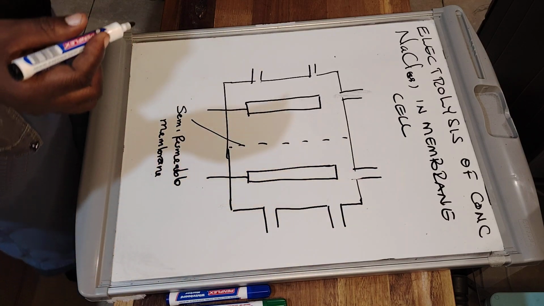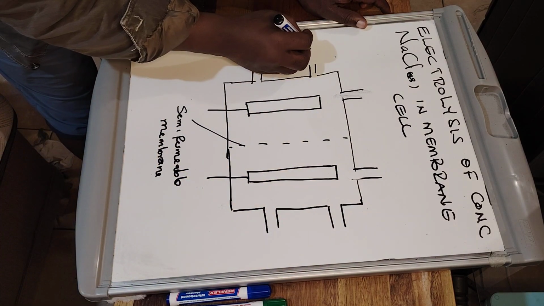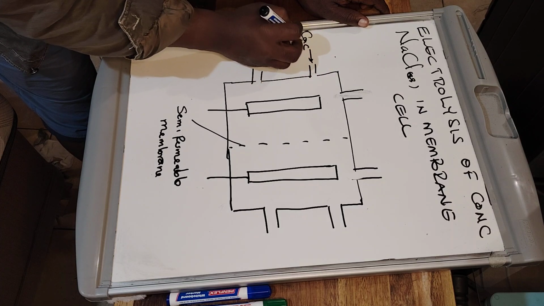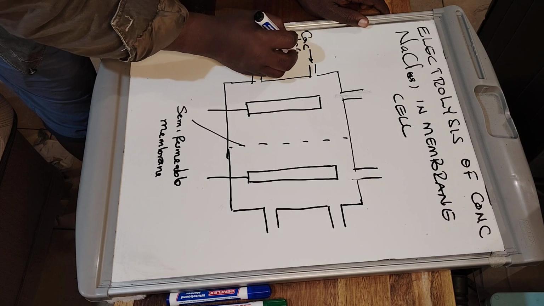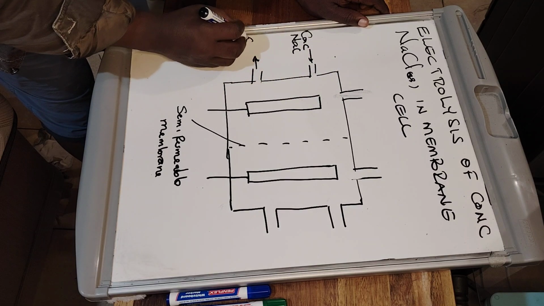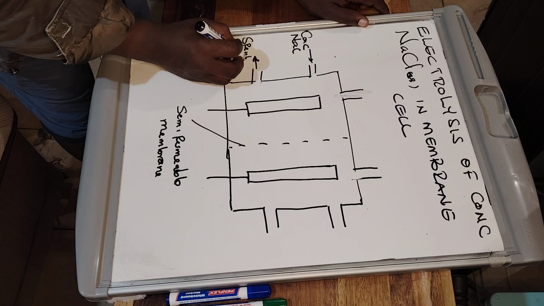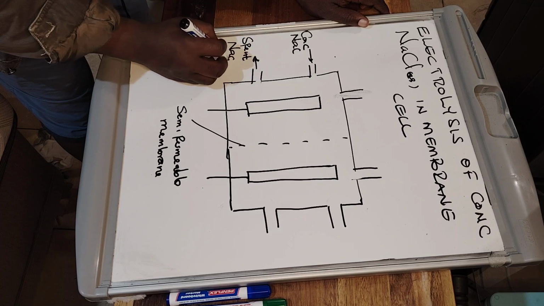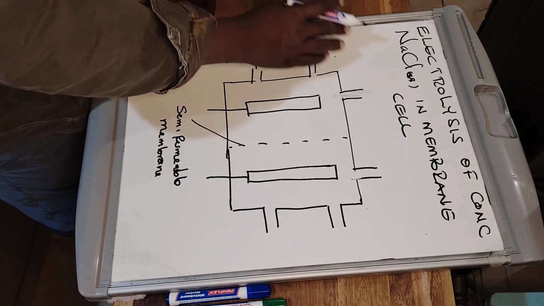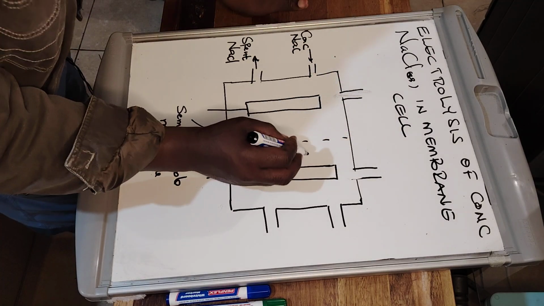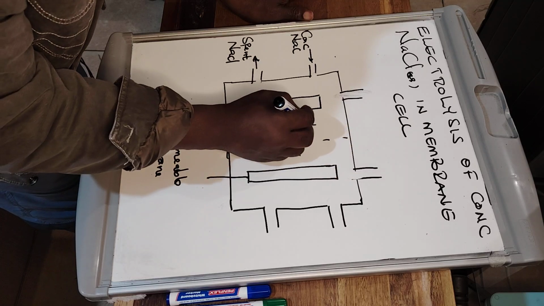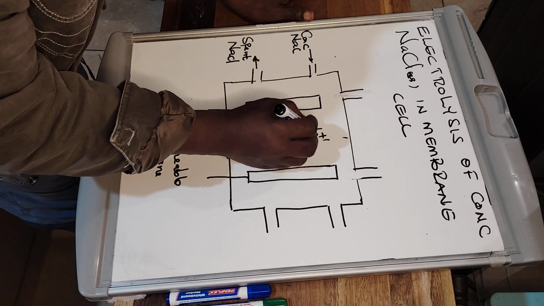On this side we have our electrolyte, which is concentrated sodium chloride. It enters here. What comes out of here is spent sodium chloride. Out of whatever happens here, there's only one ion which is important to us, which crosses this, and this ion is the sodium ion.